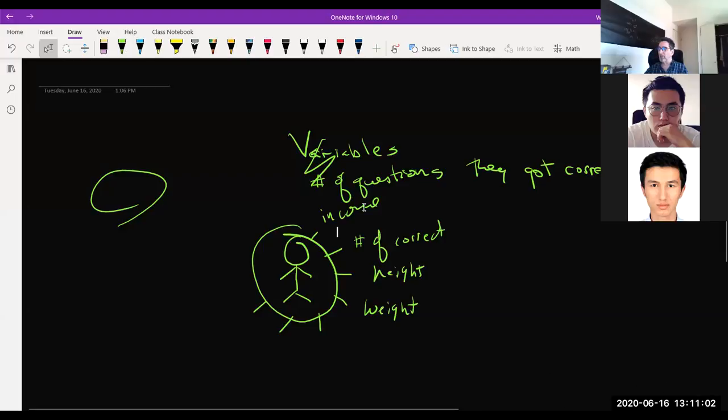So now, going back to that question here, the individuals are the people, and this is a variable associated with those individuals. What variable is it? How many answers they got correct on some test. Does everyone understand that?